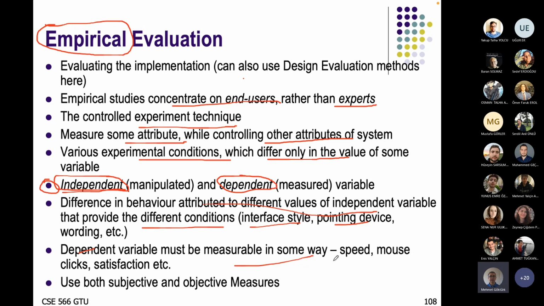You ask questions to all users in the same way, with grading from 0 to 5 or 0 to 7 or 0 to 10, whatever you want, and then get the statistics of the dependent variable, like satisfaction. And both subjective and objective measures can be used, but objective methods are more convincing, of course.